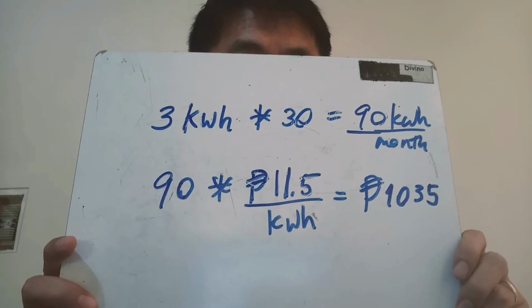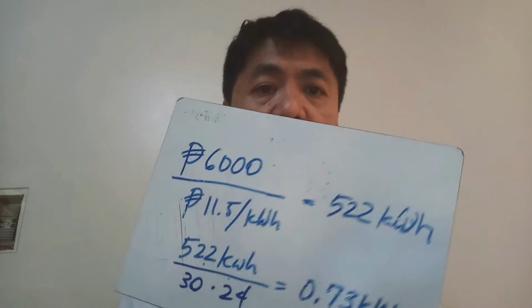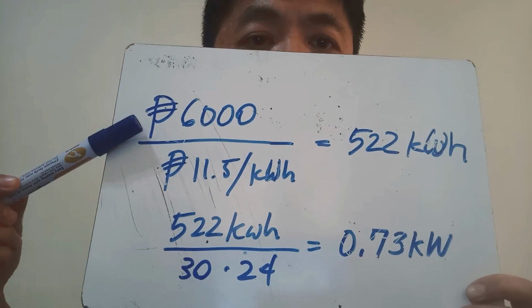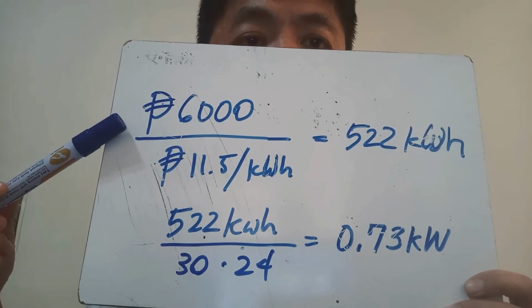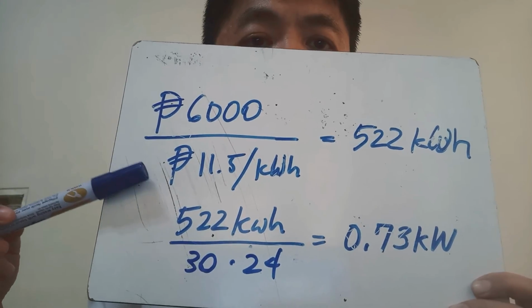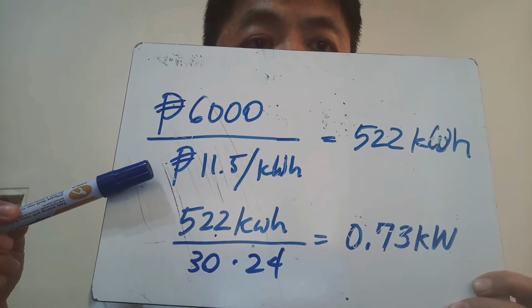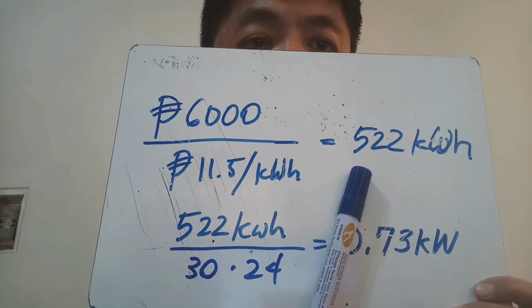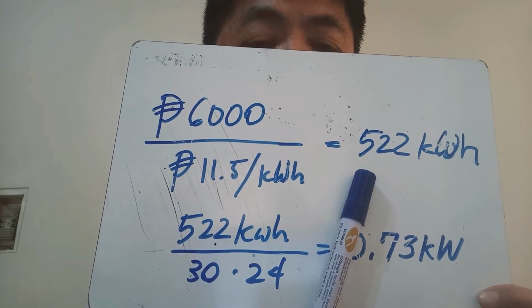Okay, so what about we work backwards? Let's say your electricity bill is 6,000 pesos. How many kilowatt hours does your house consume per month? So we divide that by 11.5 pesos per kilowatt hour and you get 522 kilowatt hours per month.